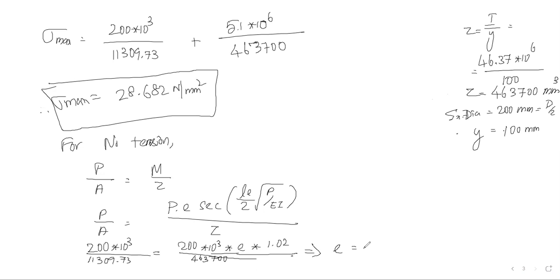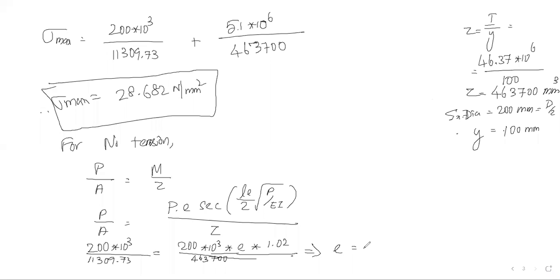So 200 into 10 cube into 463,700 divided by 11,309.73 into 200 into 10 cube into 1.02.